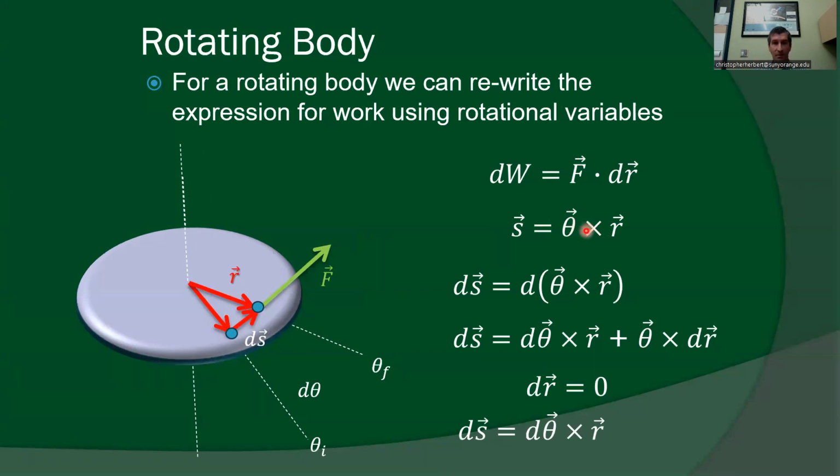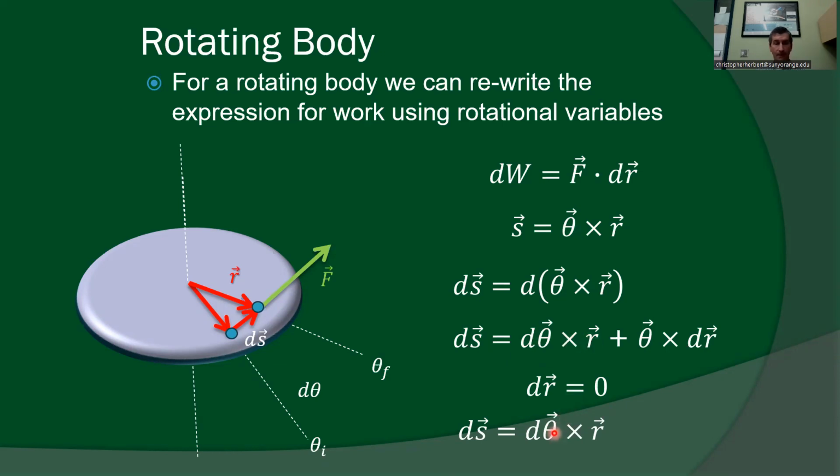That's why r is going this way and ds is going this way. Because this is a rigid disk, dr is going to be 0. There's no change in the radial distance, so this term drops out. So ds is just d theta cross r.